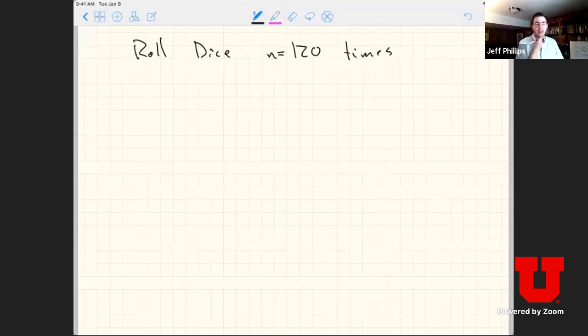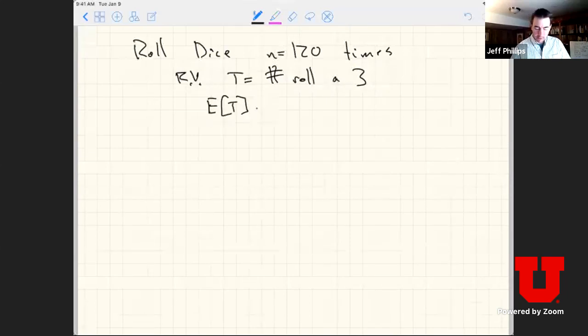I want the random variable t to be the number of times I roll a 3. It's a fair dice, so the expected value of t is equal to 120 times 1/6, which is 20. The expected number of 3s I roll is going to be 20.